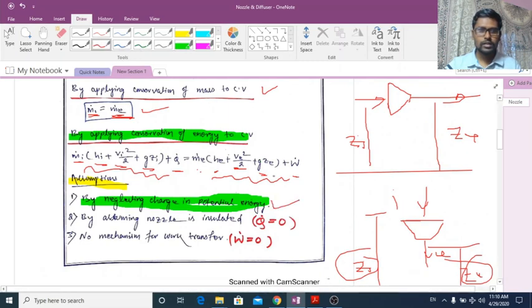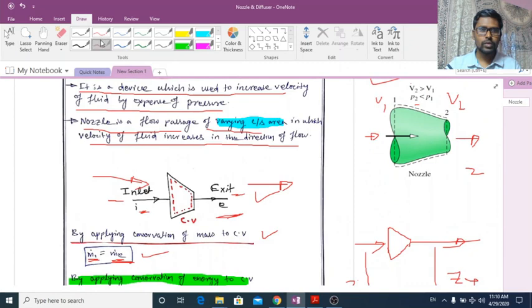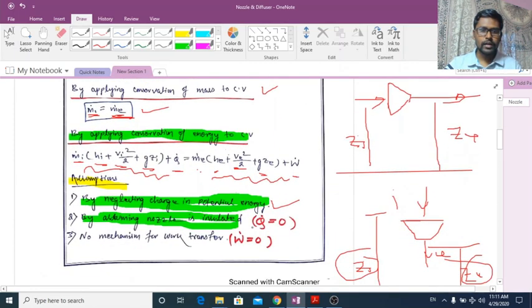Similarly, by assuming the nozzle is insulated, that means there is no heat transfer from the boundary of the nozzle to the surrounding, or from the surrounding to the nozzle. So we get the heat transfer rate equal to 0.